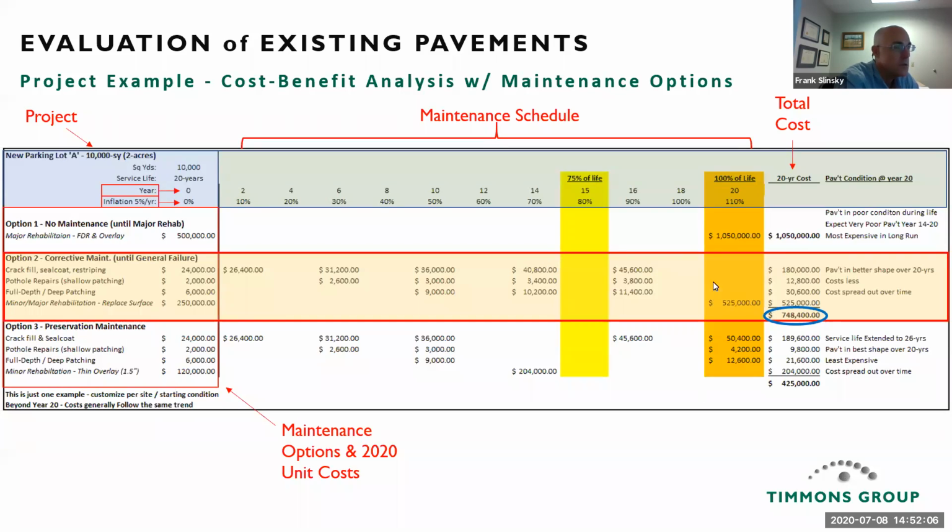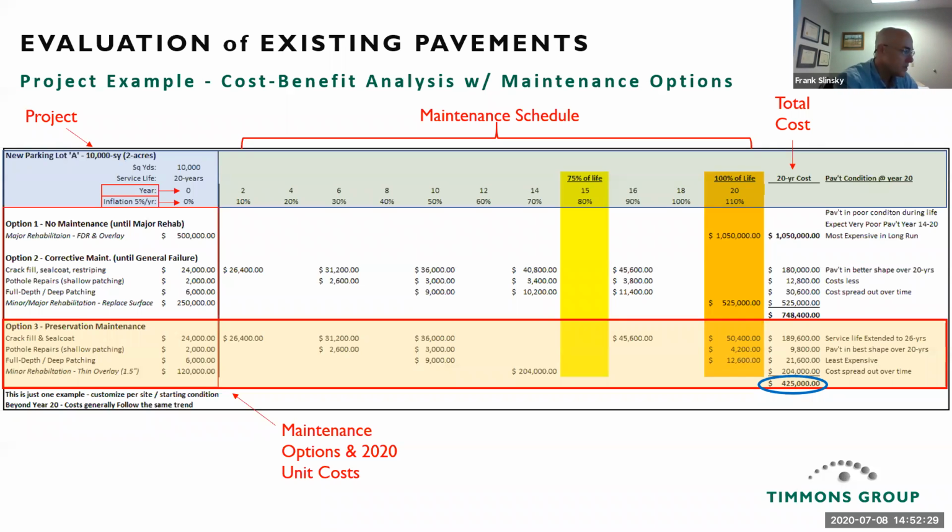And you get to year 20, and that's the point where something serious needs to happen. So that's a point where you're looking at a minor or a major rehabilitation or replace the surface. The total cost is less than the first option.